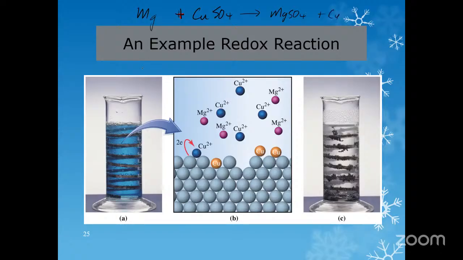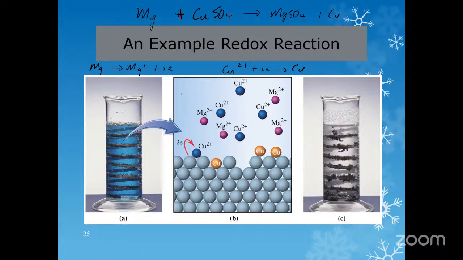I remember saying that we can split this into two half equations: Mg to form Mg2+ plus 2 electrons, and Cu2+ plus 2 electrons to give Cu. These are the two half equations for the overall reaction.